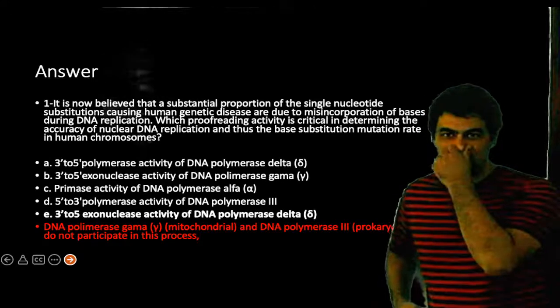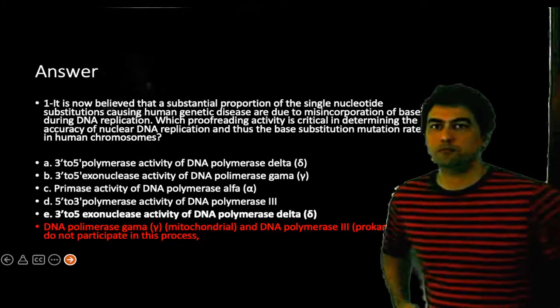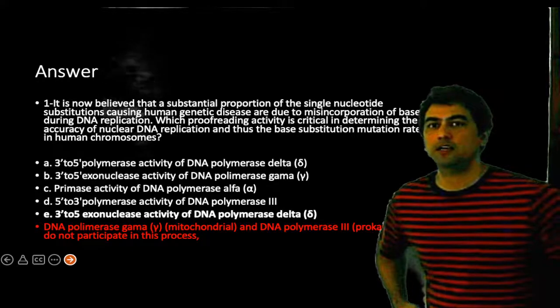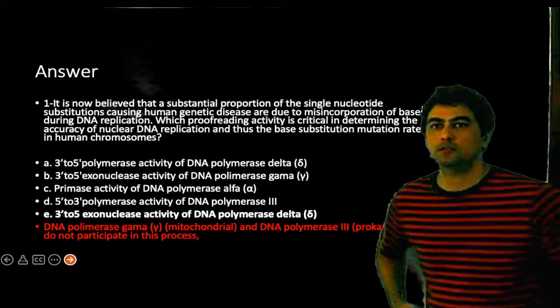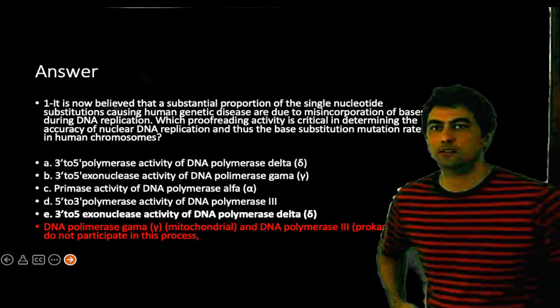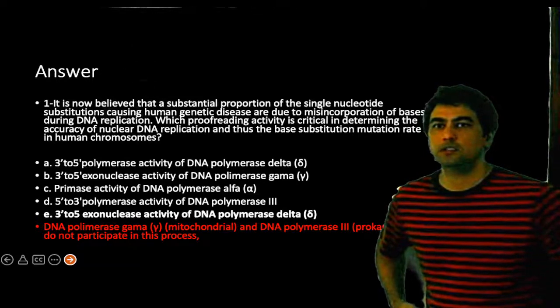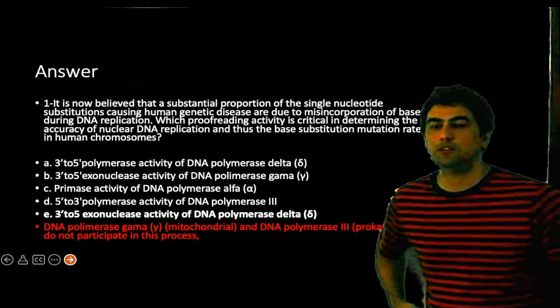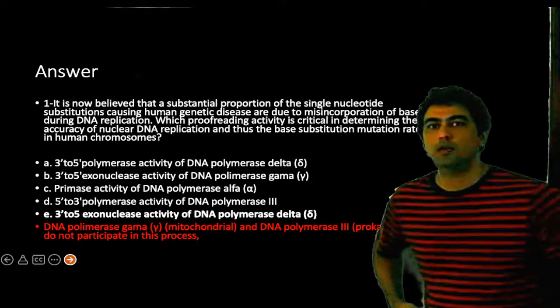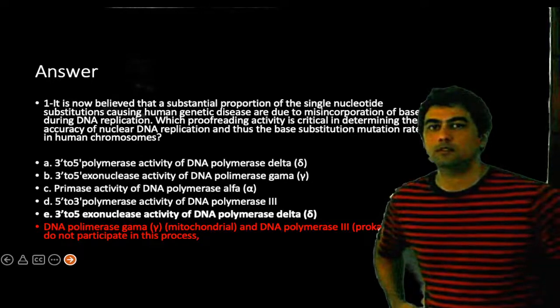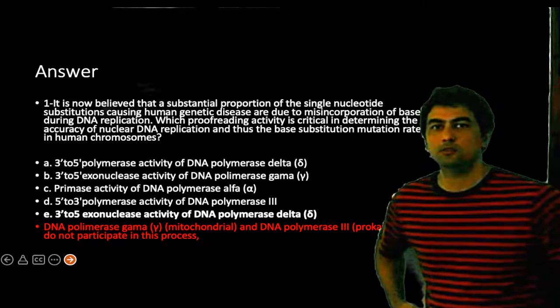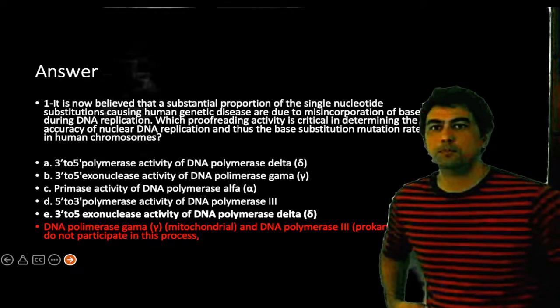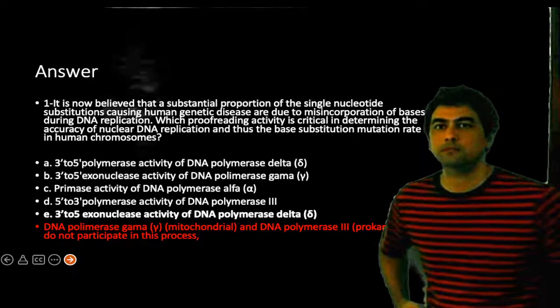The answer is 3 to 5 prime exonuclease activity of DNA polymerase delta. Explanation: DNA polymerase gamma is mitochondrial, and DNA polymerase III in prokaryotic cells does not participate in this process.